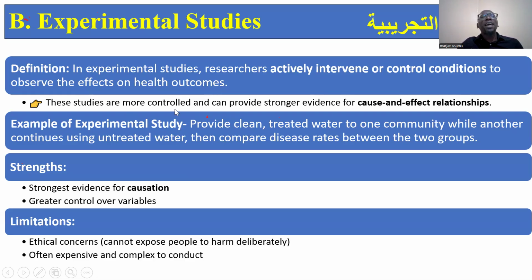So these studies are more controlled and can provide stronger evidence for cause and effect relationships. Now, an example of experimental studies: provide clean, treated water to one community, while another continues using untreated water. Then compare disease rates between the 2 groups.